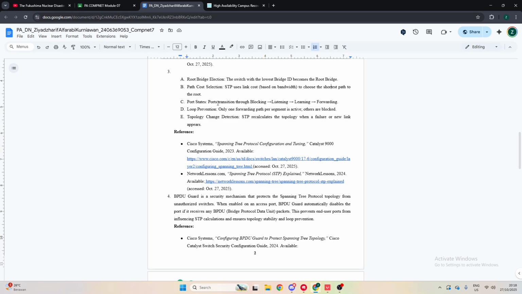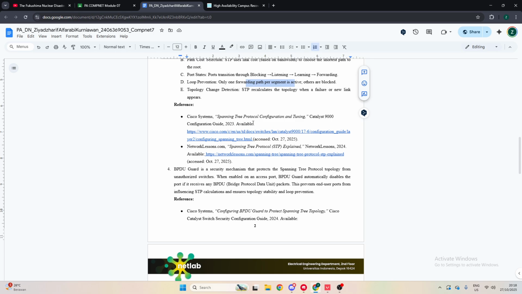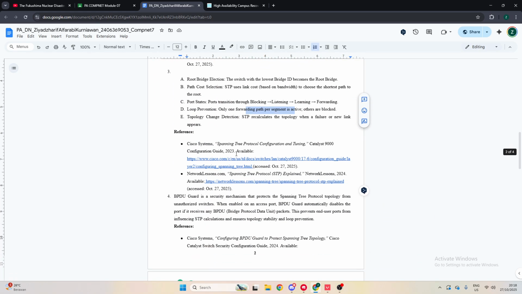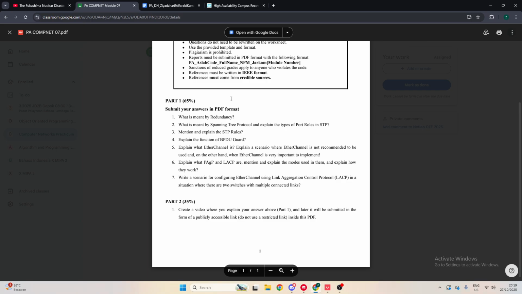There's port state, where a port transitions through blocking, listening, learning, and forwarding, ensuring there are no loops during the convergence. Then there's loop prevention, where only one forwarding path per segment is active while the other is blocked. And lastly is topology change detection, where STP recalculates the topology when a failure occurs or a new link appears, like a self-healing system that maintains reliable communication even after physical changes.